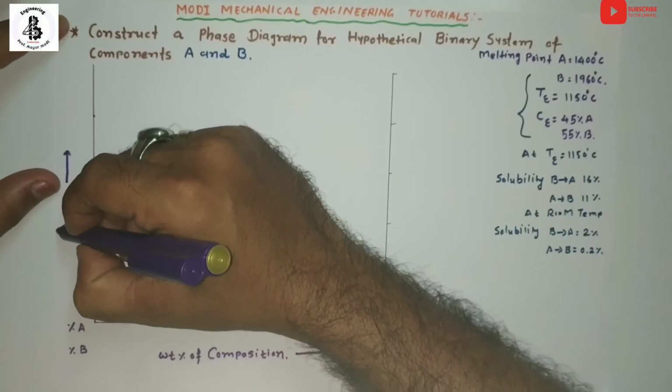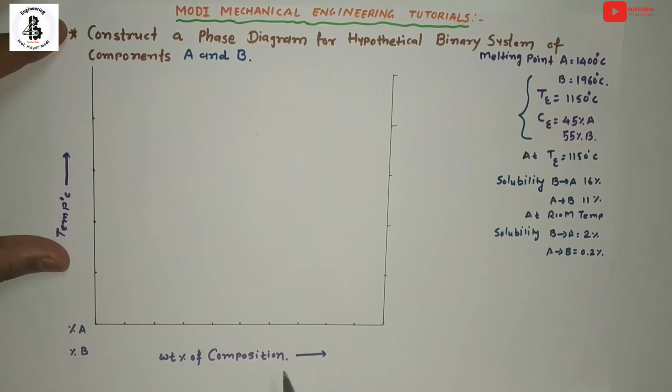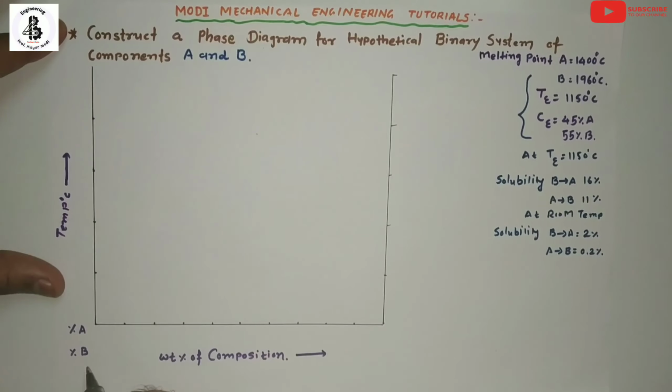Now I would like to make marks on the weight percentage of composition line with respect to the different weight percentages of A and B. So just you can see.